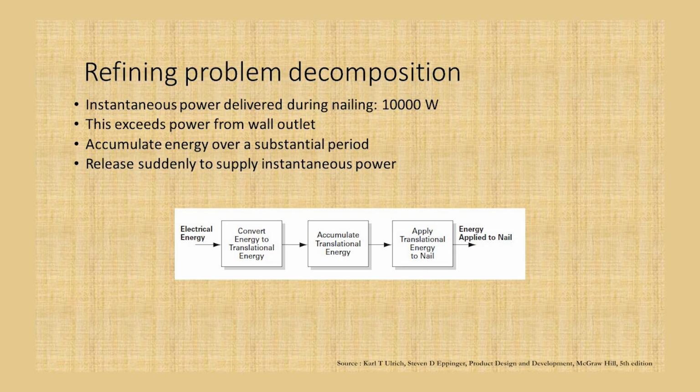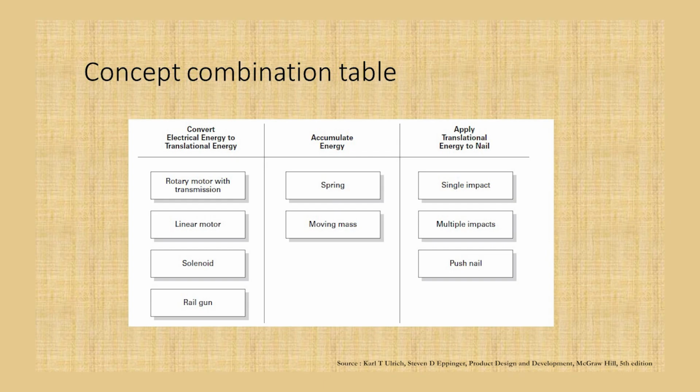And then you can combine concepts. Here is an example of how you can combine the concepts in this case. To convert electrical energy to translational energy, you can use a rotary motor with transmission, a linear motor, a solenoid, or a rail gun. So, there are 4 different techniques that you have identified to convert electrical energy into motion.